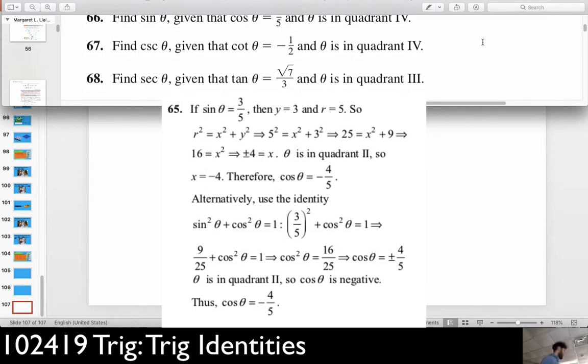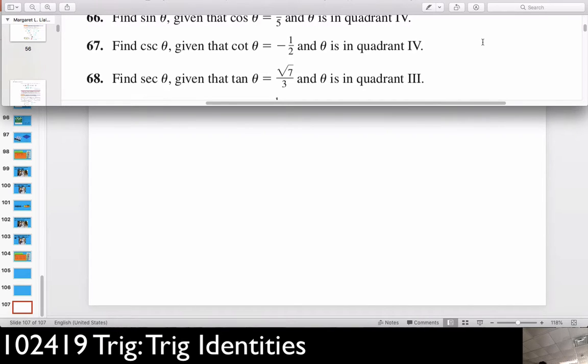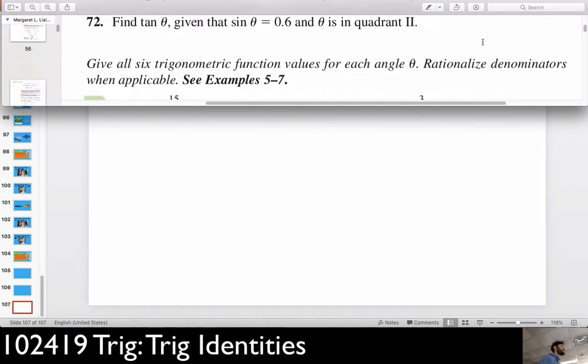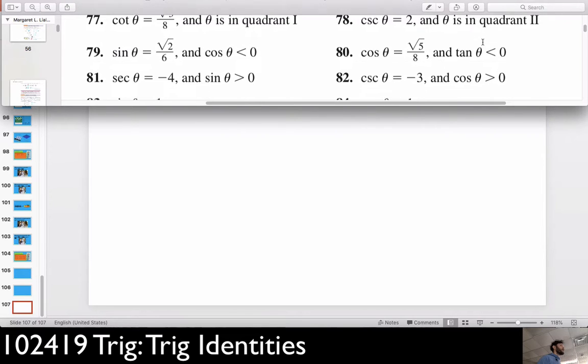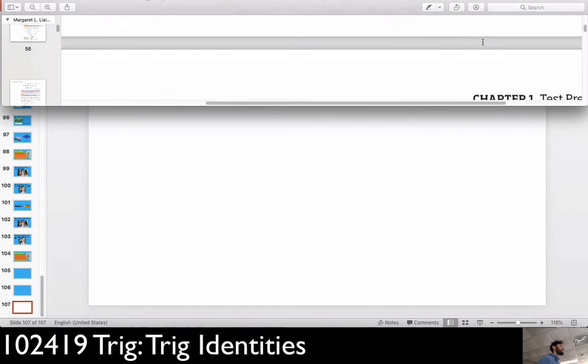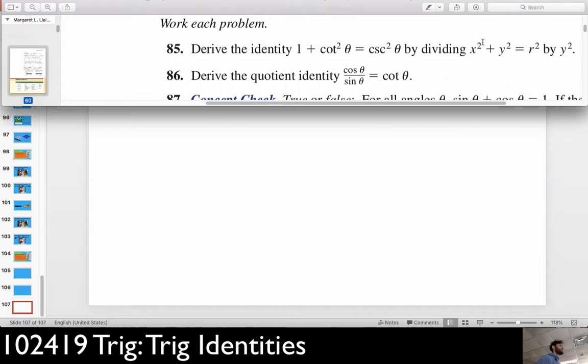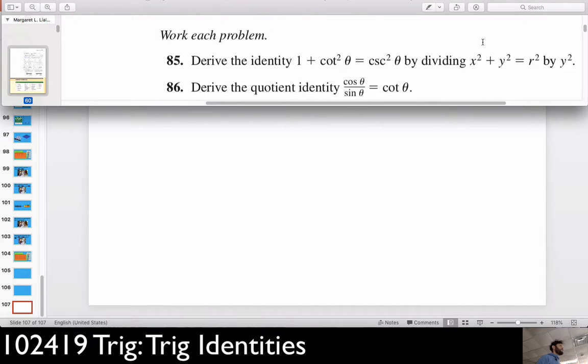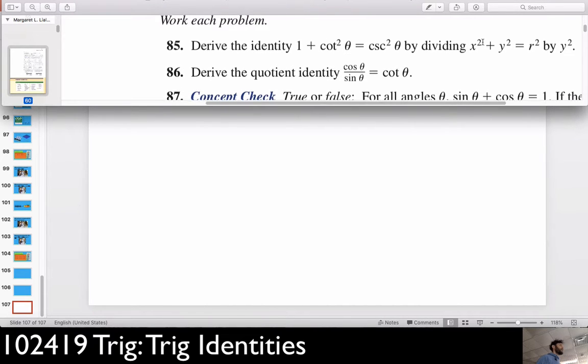Any others? 85. Some of these work each problem. Derive the identity. Jeez. Okay.